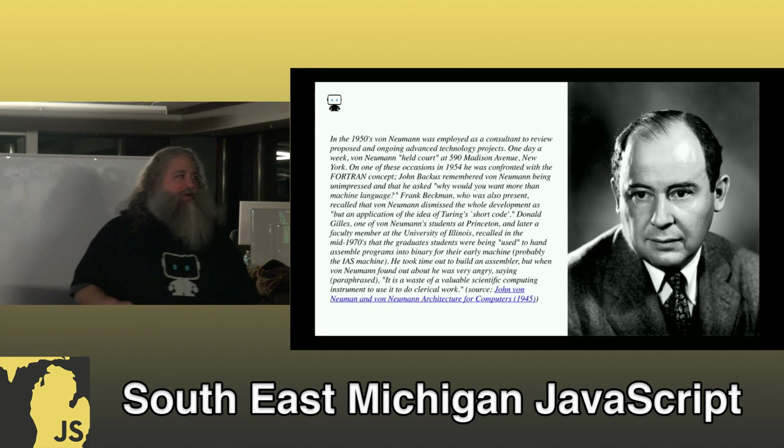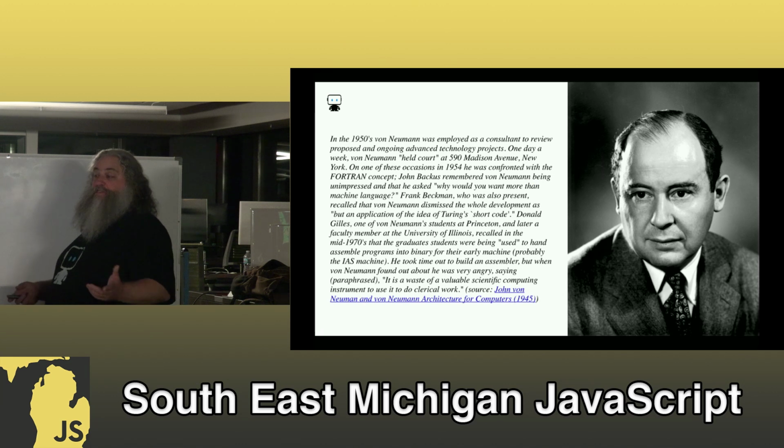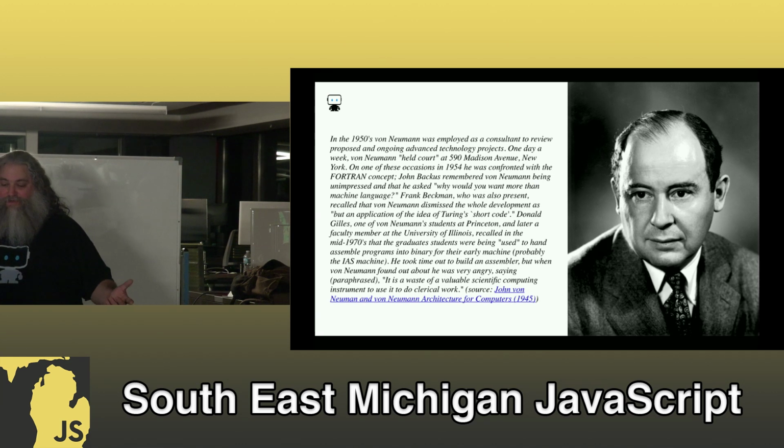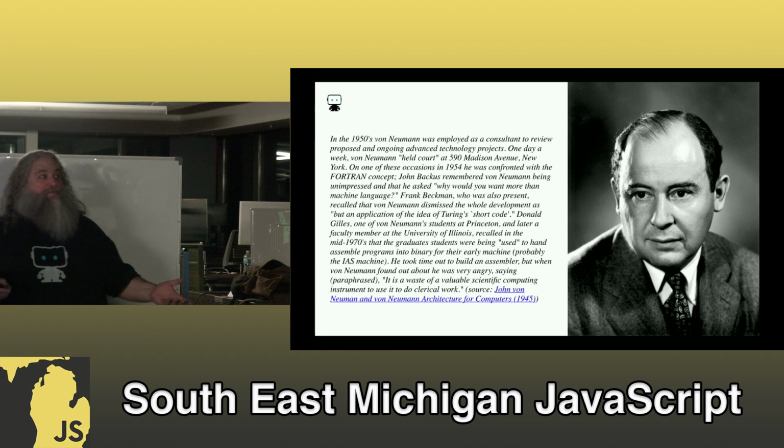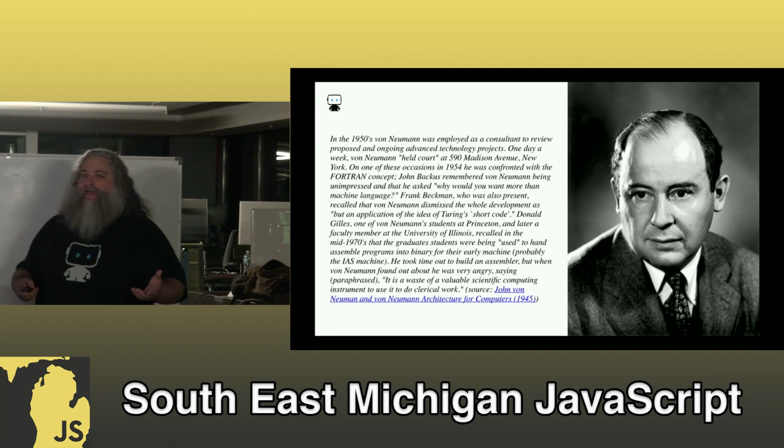However, some people strongly disagree with the idea even of assembly language. So this is von Neumann, and he was not a fan of assembly language. One of his students actually took time to build an assembler to make the task of assembling all this code easier, and was running it.